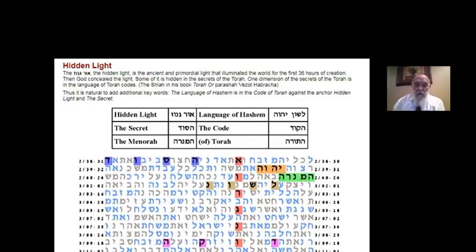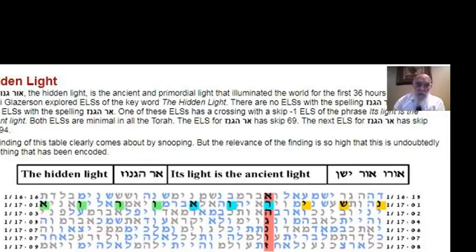Then we have another table, adding more. And this is very interesting because, as we saw in the introduction, this is the ancient light, which in Hebrew is Yashan, old one. An old light, the ancient light. And this is what is written there, very interesting.